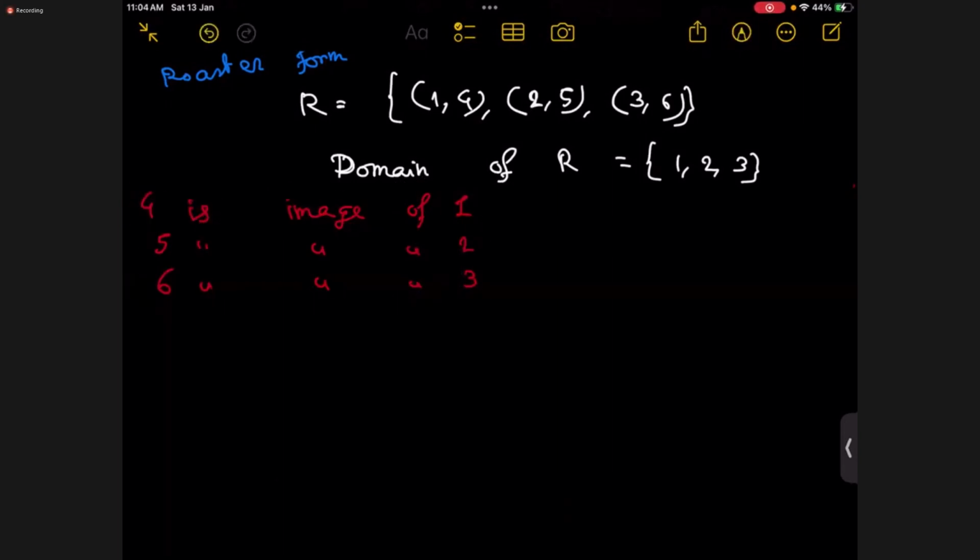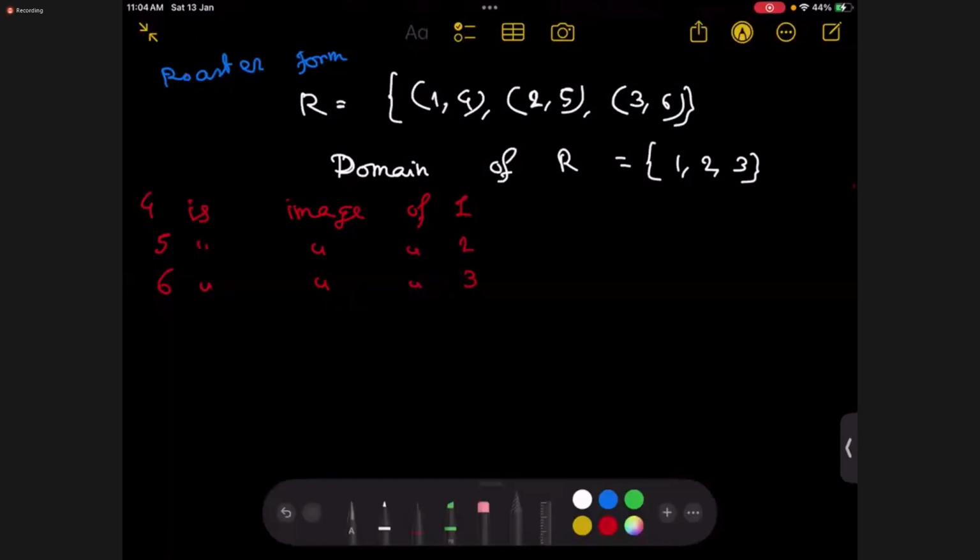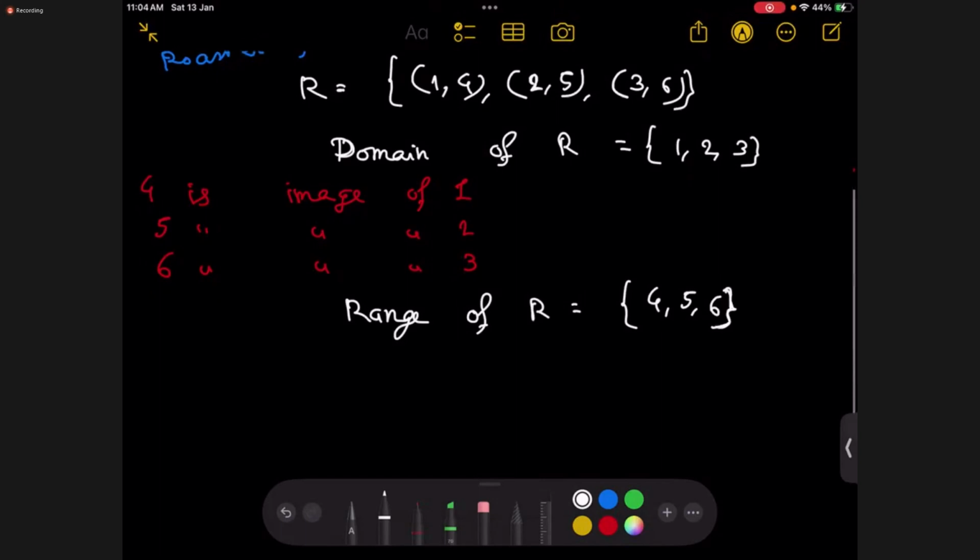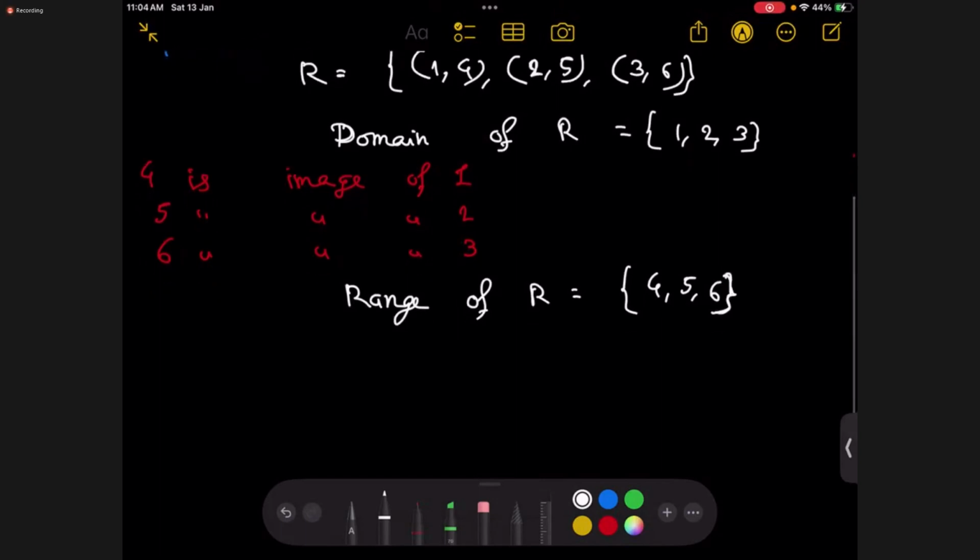Okay, so what is the range of R? The range of R is the set 4, 5, and 6. This is the range of R, and this is the domain of R. And what is the codomain of R?